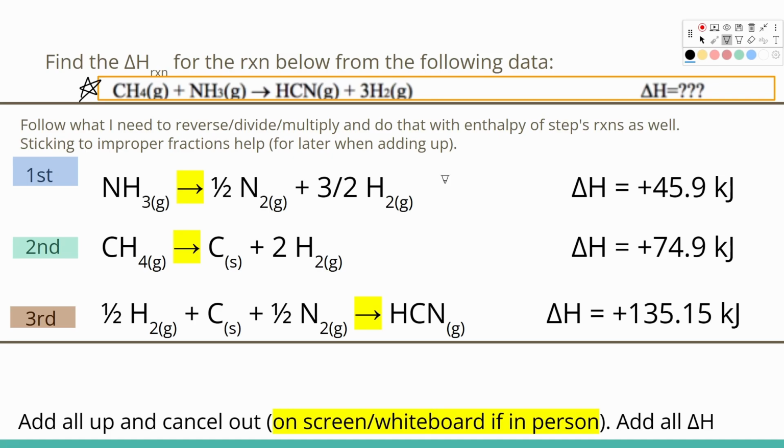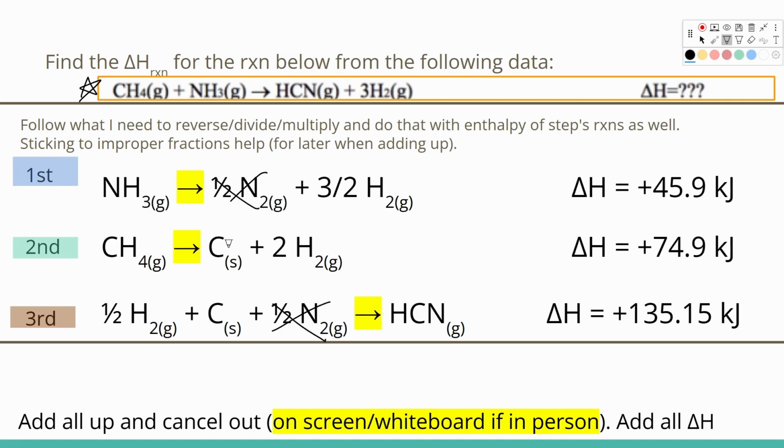All right, so I'm going to start canceling stuff out. So notice that I've highlighted these to show reactants and products easier. So I'm going to find what reactants and products are the same on all three steps. So for example, I have half of an N2 as a product here. I have half of an N2 as a reactant here. So those cancel out.